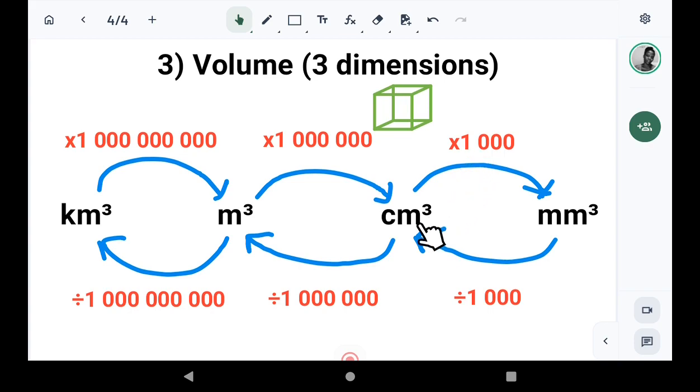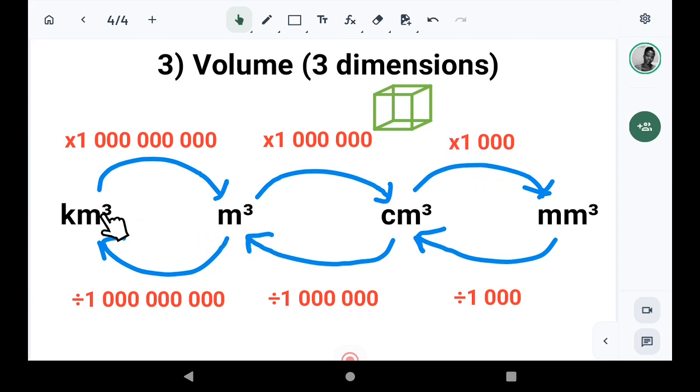Also note that now we're dealing with cubic units of measurement, so that is cubic centimeters instead of centimeters, cubic millimeters, cubic meters, and cubic kilometers. So to convert from cubic centimeters to cubic millimeters, you multiply by 1 and 3 zeros, which is 1,000.